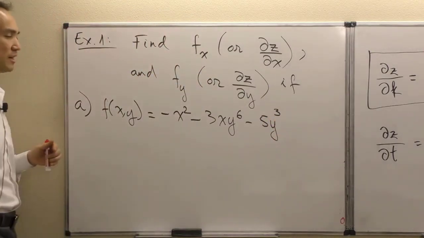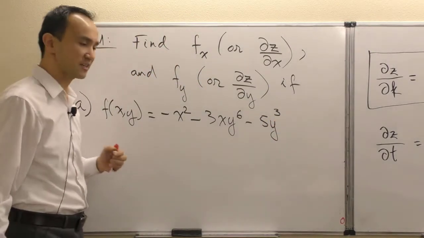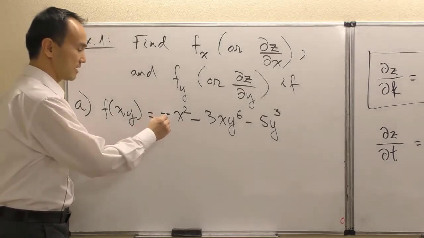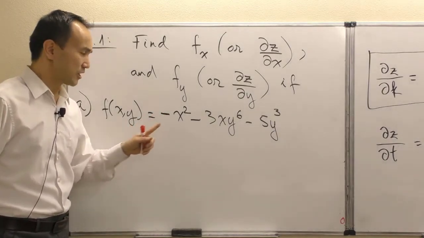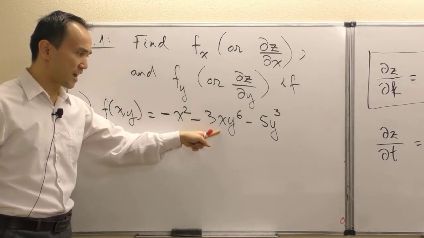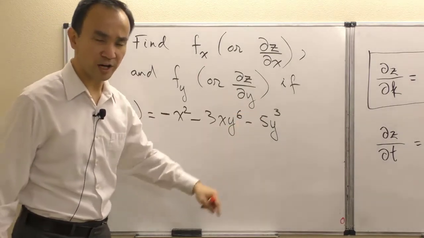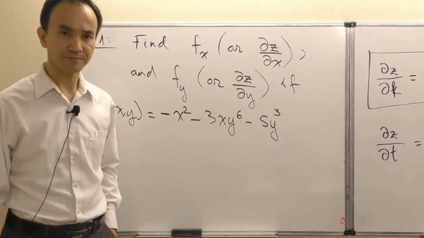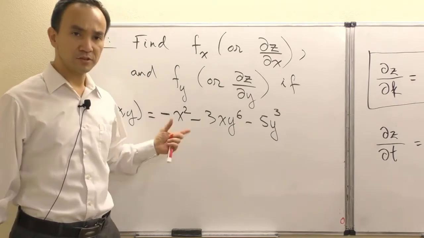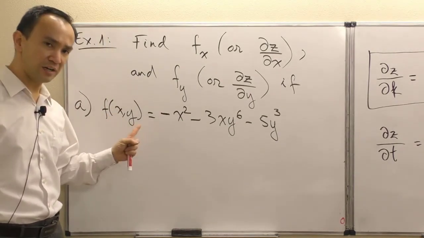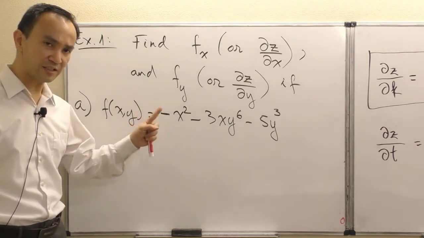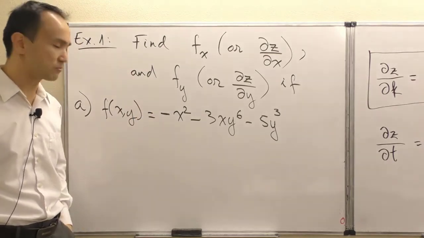Okay, so I had that on my lecture notes but then I had a little bit of a hard time seeing it. So minus x squared minus 3x y to the 6 minus 5y cubed. Okay. So it's clearly a multi-variable function which has two variables involved in the problem like that.